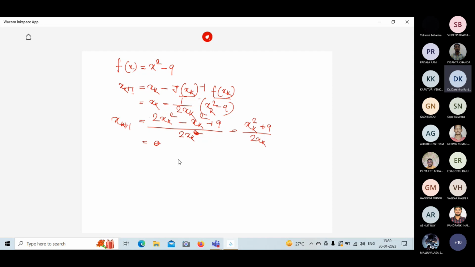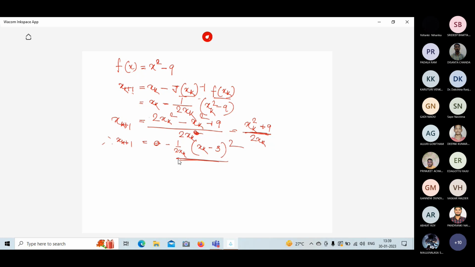Now if we rearrange the terms on the right hand side, we will get some multiplier over here, and something over here, and we get xk plus 1 like this.